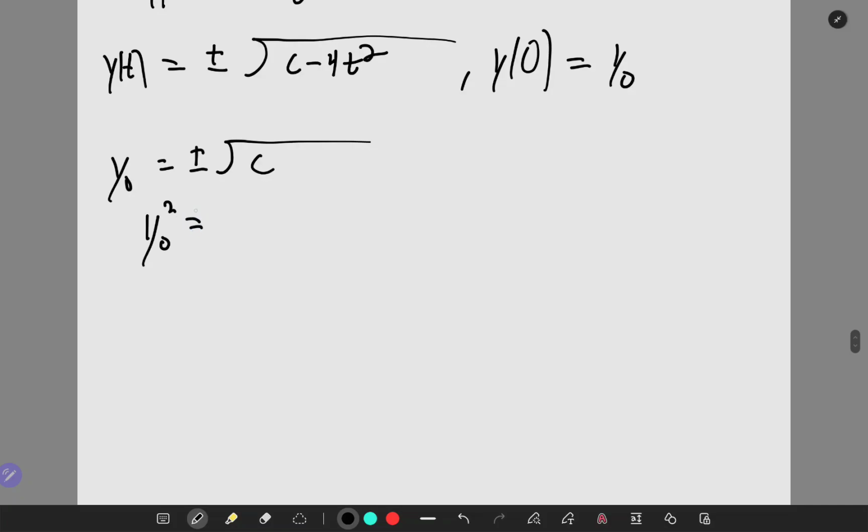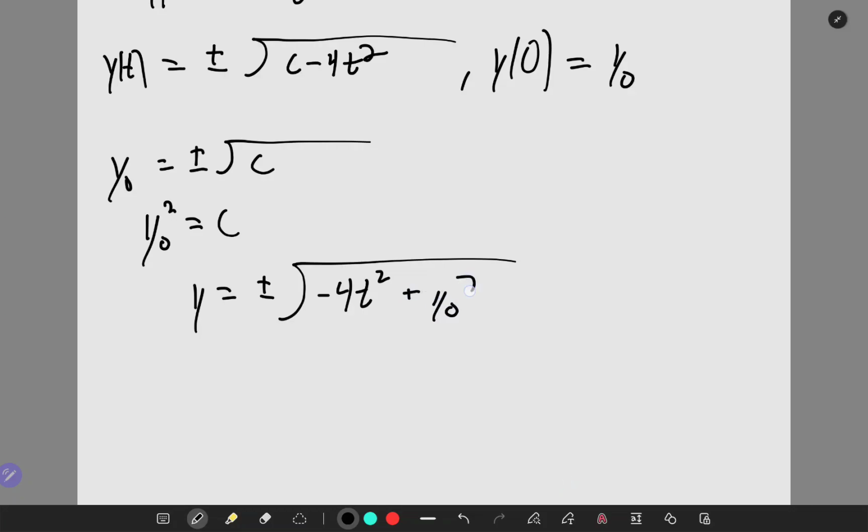So y naught squared is equal to c. Then that'll give us that y is equal to plus minus the square root of negative 4t squared plus y naught squared, or y naught squared minus 4t squared. That is our solution. I should rewrite it like this, since technically that's a function of t.